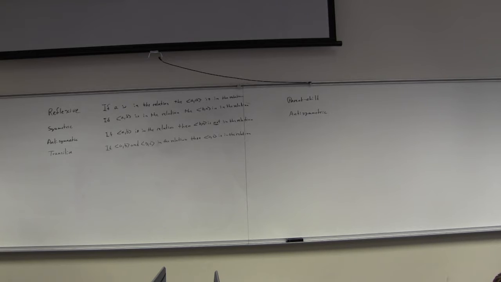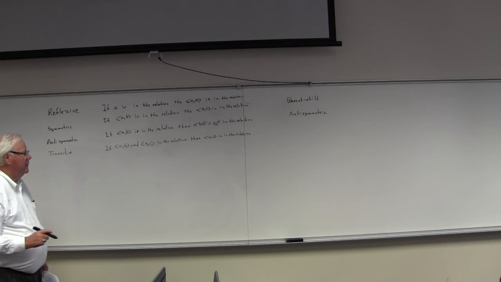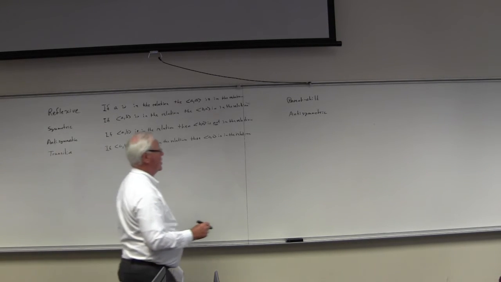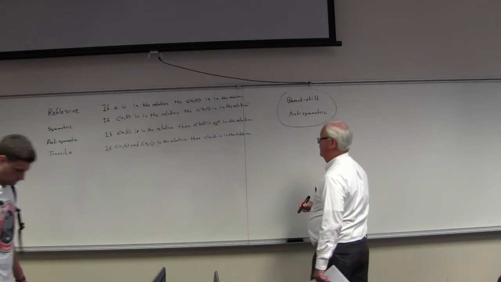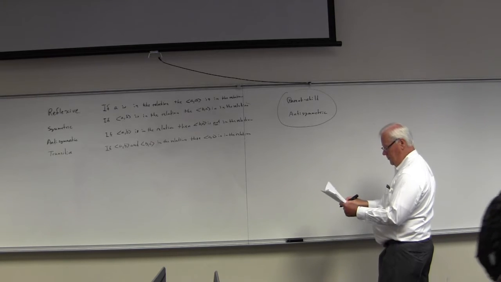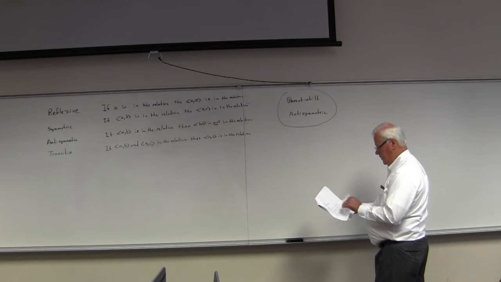So it is not transitive. I have children who have children. I am not their parent. I'm their grandparent. Okay? So parent-child is anti-symmetric, that's all it is. Let's see if we can get one that goes further than that.